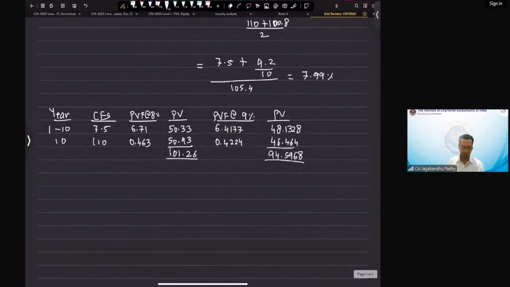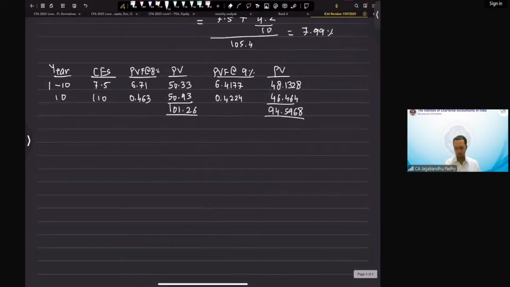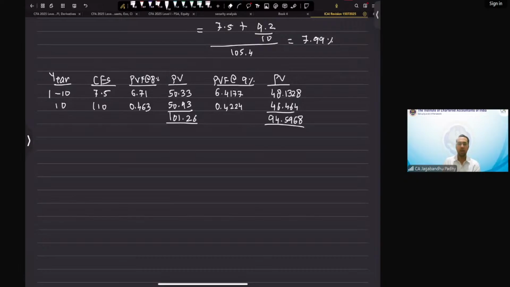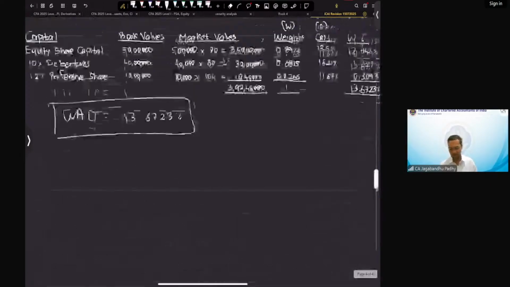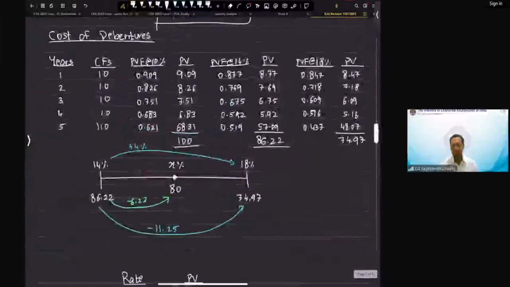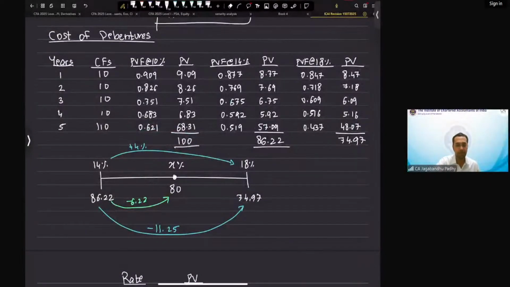Okay. So we have got these two present values, one at 8% and another at 9%. So calculate the IRR or YTM. Can we calculate the YTM as we did in the previous case? Can we calculate it?